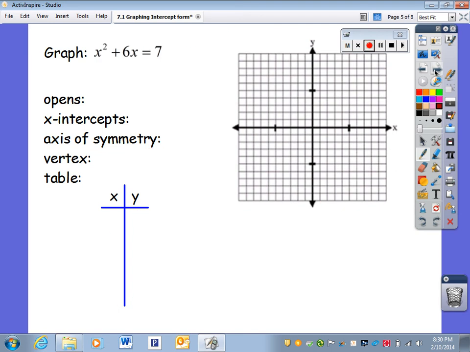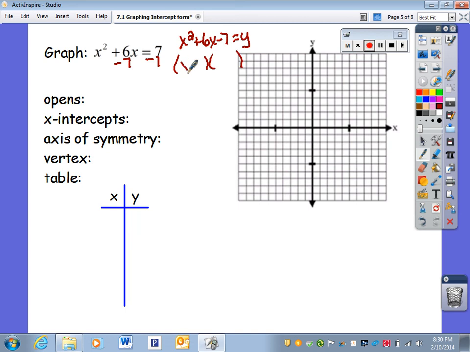We have x squared plus 6x equals 7. So the first thing we need to do is to subtract 7 from both sides. So we have x squared plus 6x minus 7 is equal to y. We want to find our intercepts by factoring.